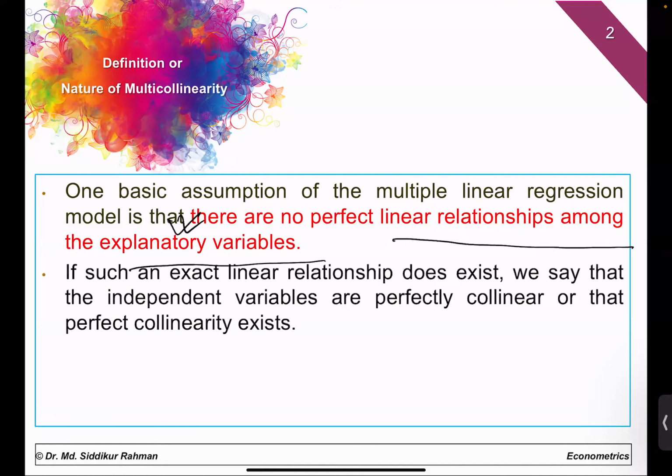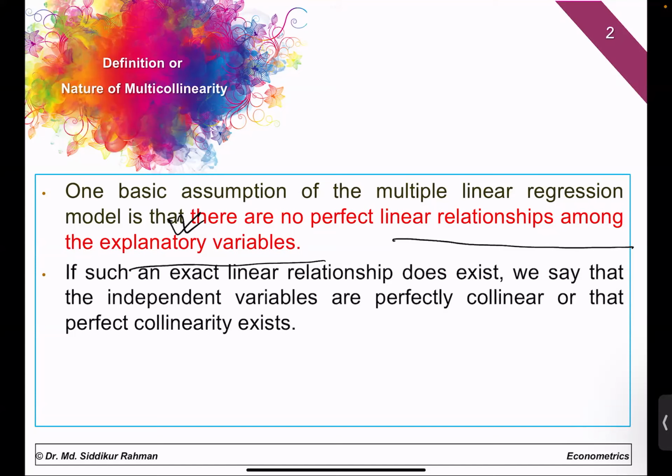If such an exact linear relationship does exist, we can say that the independent variables are perfectly collinear, or that perfect collinearity exists, right? So I repeat, if there is an exact linear relationship among independent variables in your regression model, then you might suspect that there is perfect multicollinearity.